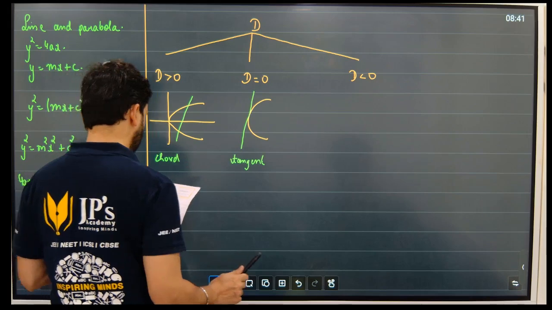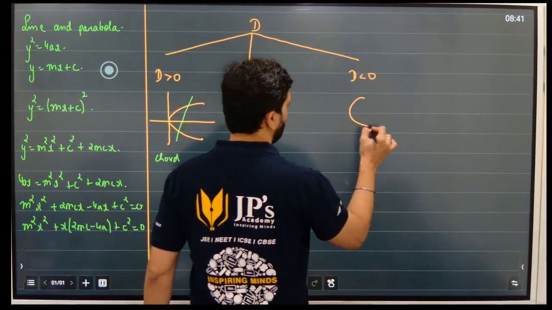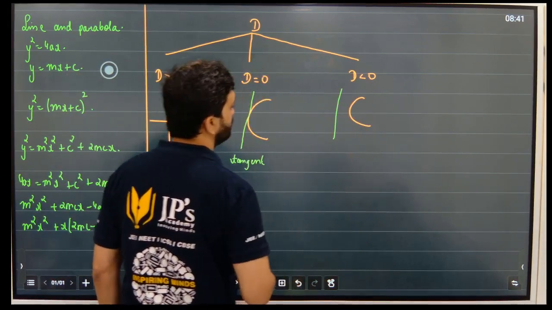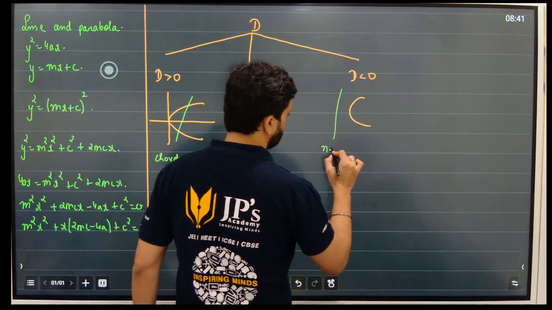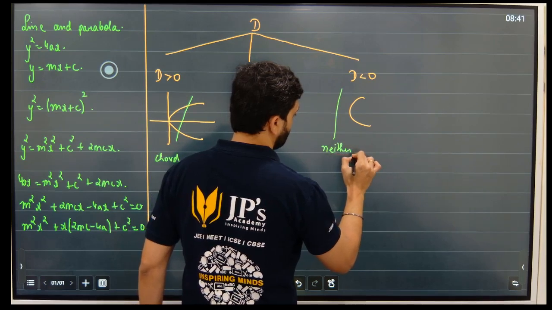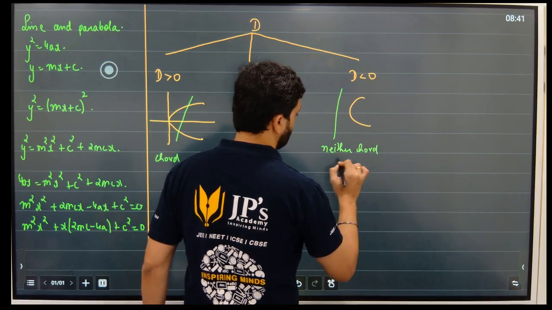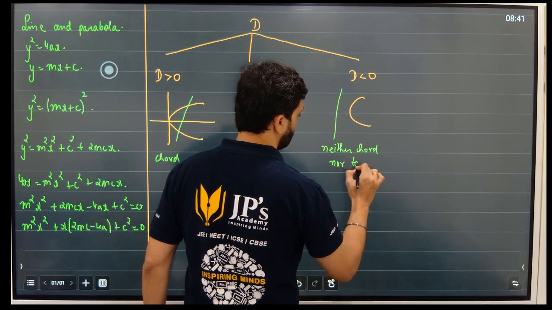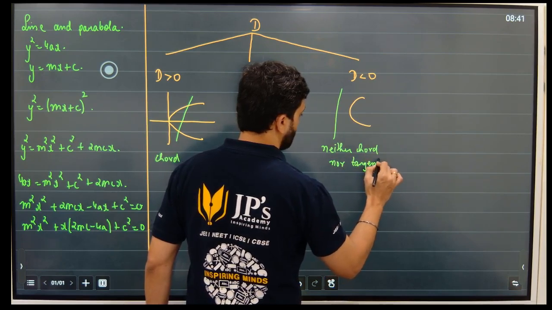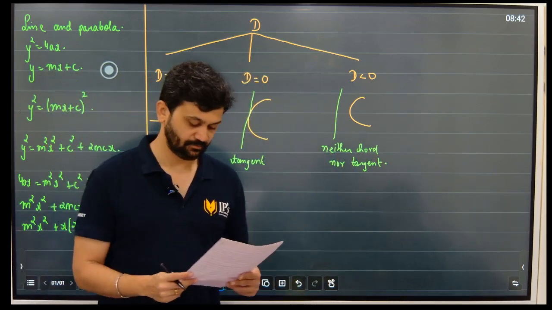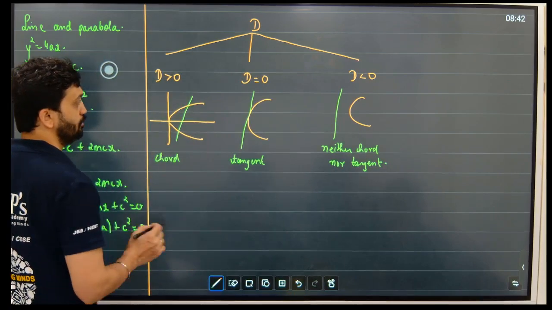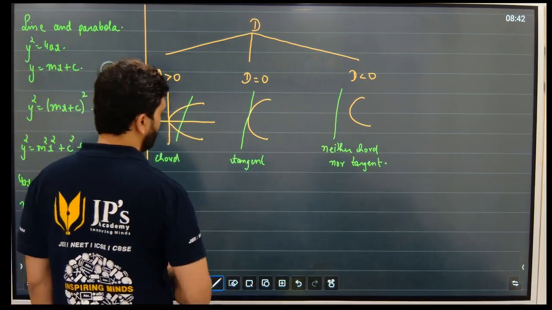And if it is less than 0, this is a parabola and this is this. It is neither chord nor tangent. So we understand that discriminant ka 3 condition hai, that it is neither chord nor tangent agar less than 0 hai, equal to 0 and greater than 0.